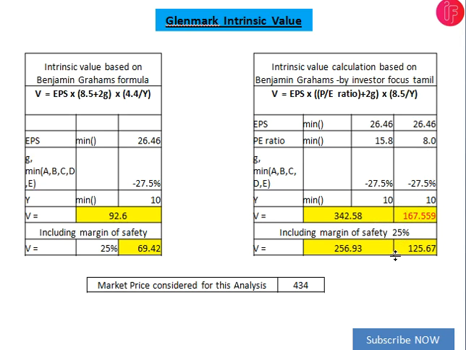Considering a margin of safety of 25%, 125 rupees is the best entry point for long term investment, considering the high debt ratio in this company. The positive point from my view, they are consistently making profit. However, we should not enter at a high point. Finally, we will end up averaging. We may not be able to make a profit in the longer term.